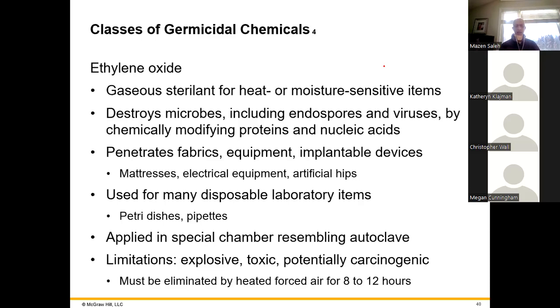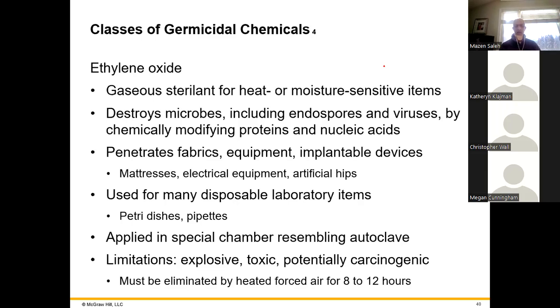It has the advantages of being able to penetrate fabrics, equipment, and implantable devices, such as catheters. It's quite an important item to treat.